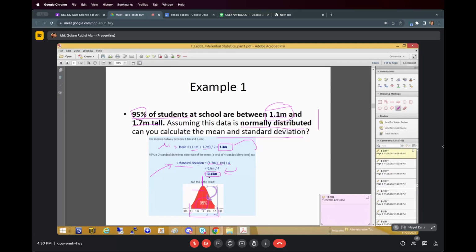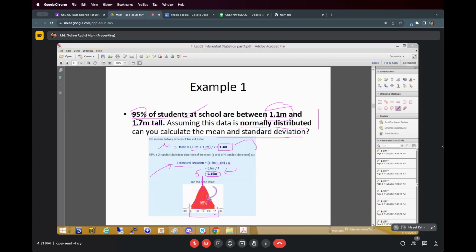Then we will get sigma equal to 0.15. So our standard deviation is 0.15, and mu is 1.4, from this information. So we can easily get that information.